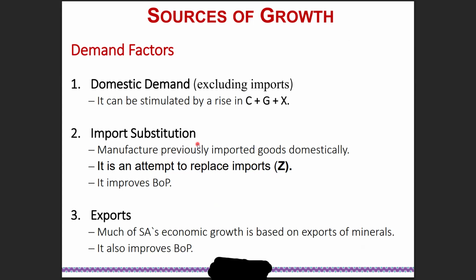We will try to produce those items here in South Africa, right? That also increases the production capacity of a country, which will then lead to what? To economic growth, right? So import substitution is basically trying to manufacture domestically the items that were previously imported, right?